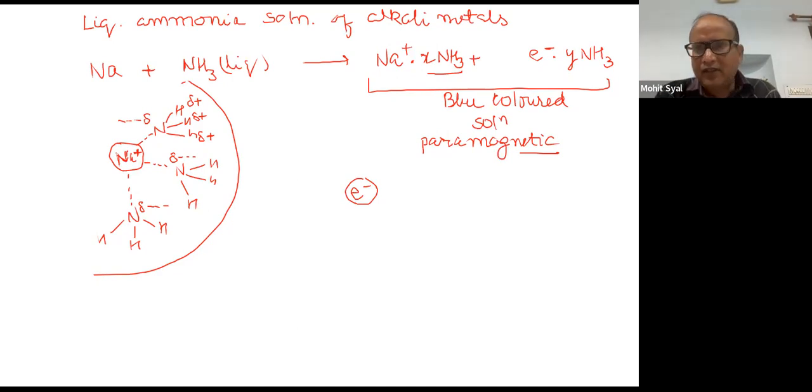It has a negative charge, and the same thing happens with the electron also. But the electron cannot attract N minus because it is itself negatively charged. So it will attract this H plus. Nitrogen had a negative charge, but the hydrogen had a positive charge, right?